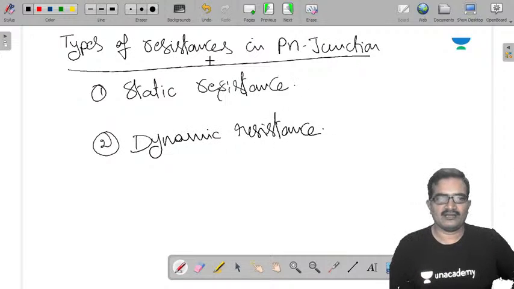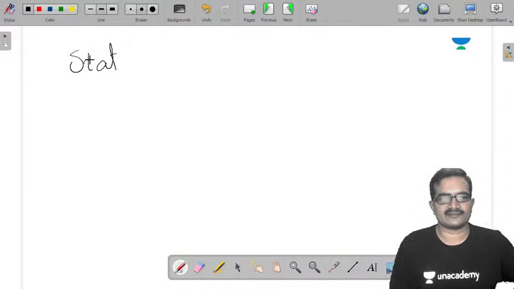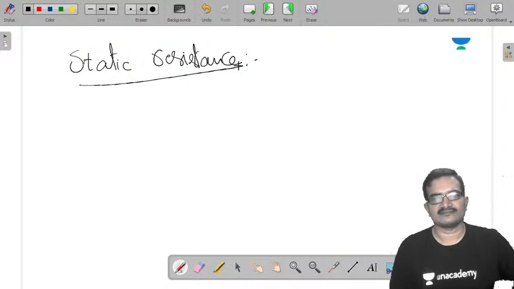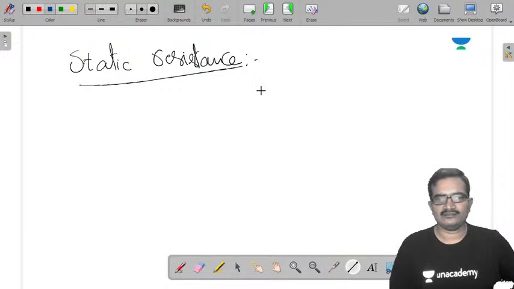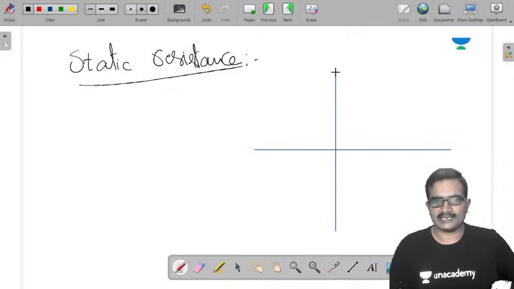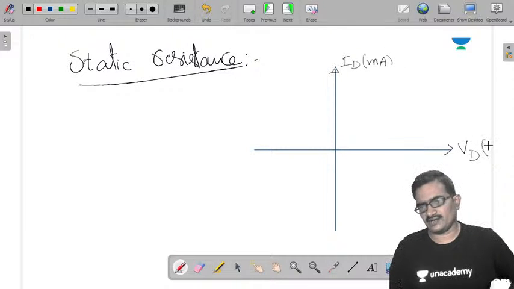For better understanding, I am going to take the VI plot. First, static resistance. ID is of the order of milliamperes and Vd is of the order of volts.